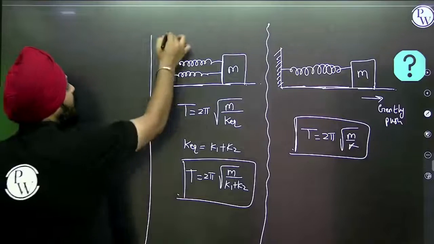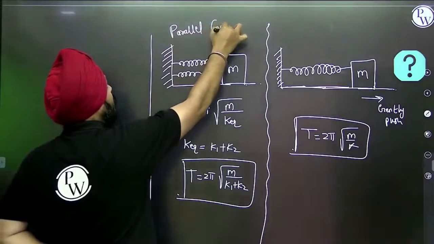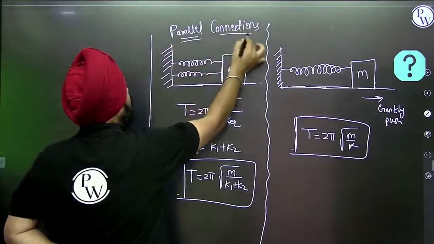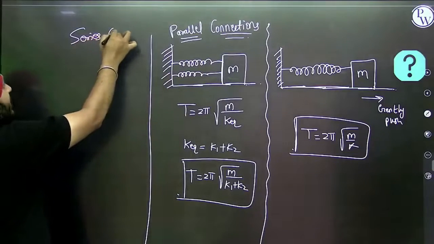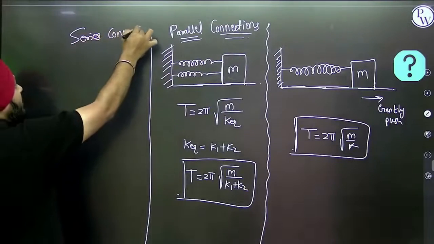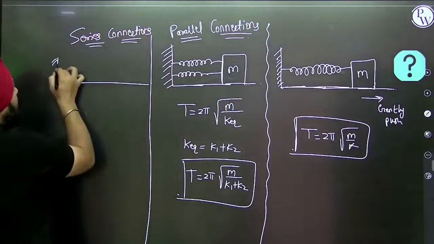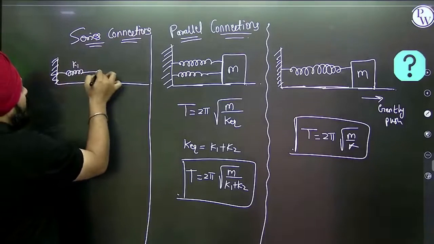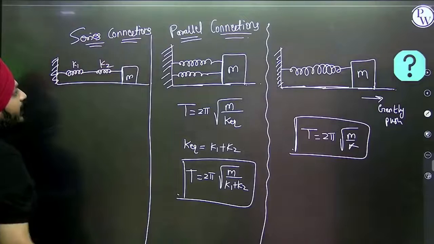Suppose this is a case of the parallel connection of the springs. Now suppose the series connection of the springs is given. This is a spring of spring constant K1, another spring of spring constant K2, and they are connected in series.